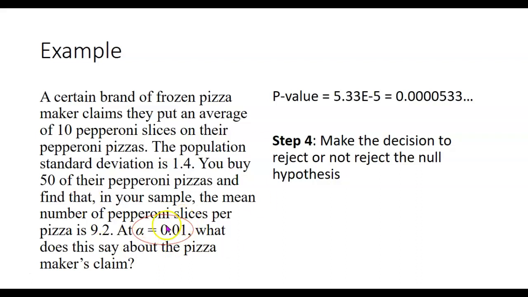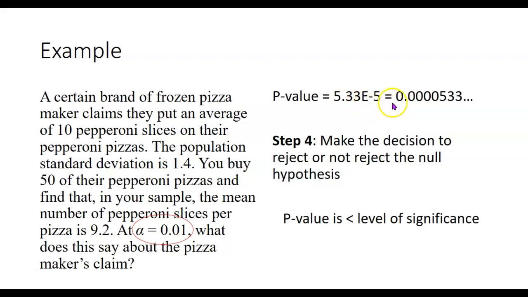In the real world, alpha is usually either 0.05 or 0.01, but it could be anything, and it kind of depends on the circumstances, how sure you need to be about what you're testing. So in this case, the p-value that we got is less than the level of significance. And in that case, you do reject the null hypothesis.